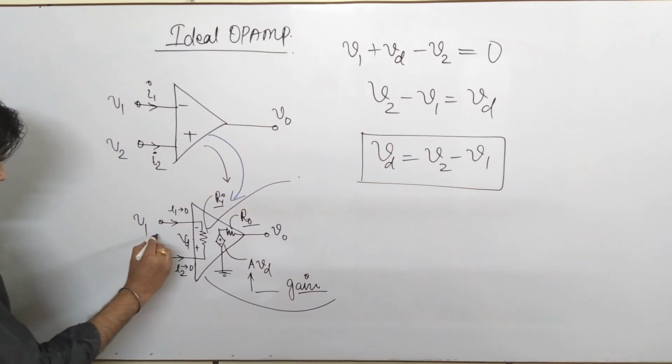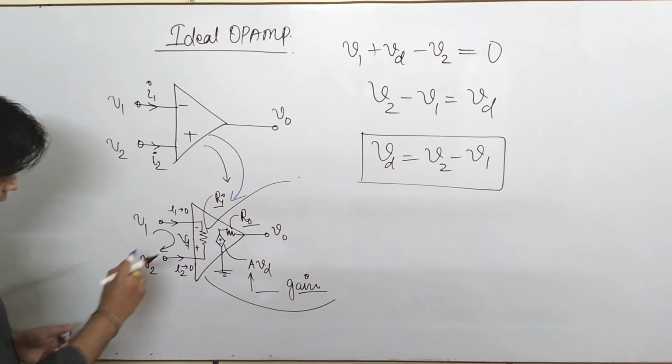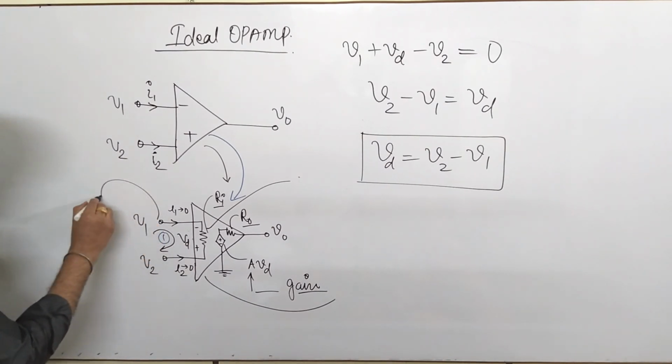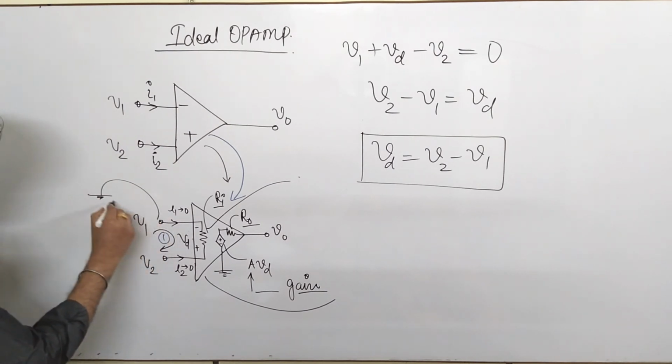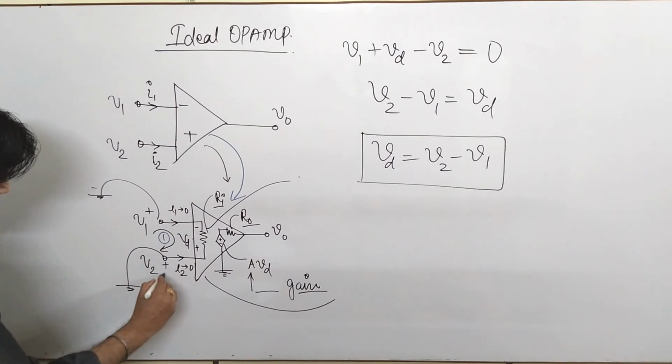From here I have simply applied one KVL equation. So this is your KVL equation: V1 minus 2 plus Vd minus V2 is equal to 0. How should I apply this? In this manner: this is negative, positive, again this is positive, negative.